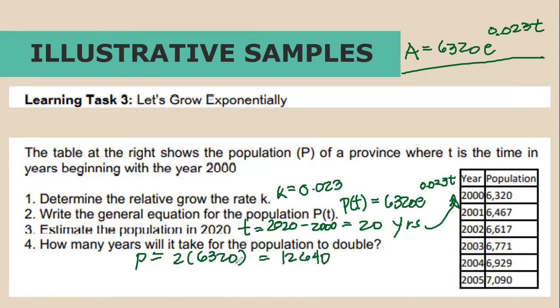Okay, kung mapapansin natin, sa pag nilagay natin sa equation yan, magiging 2 lang rin naman yan sa kabilang side na equation. So magiging 12,640 is equal to 6,320 times e raised to 0.023t. Okay? So, cancel lang din yan. Pag dinivide natin sa 6,320, 2 is equal to e raised to 0.023t.